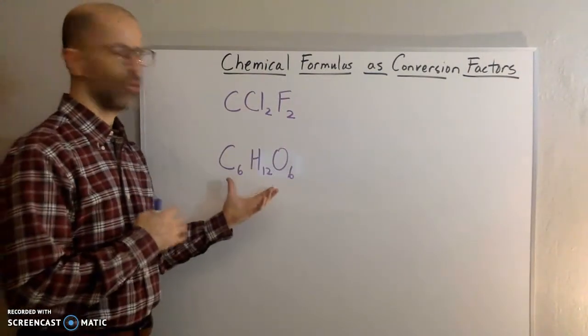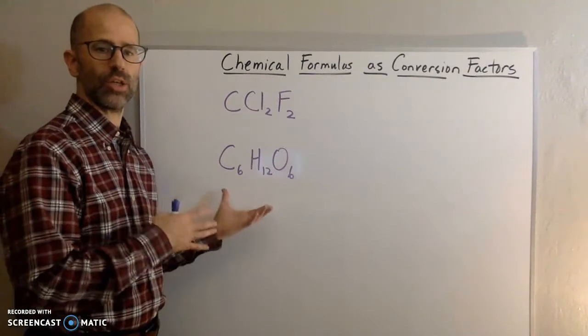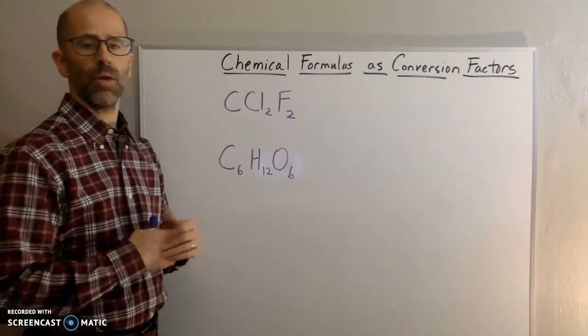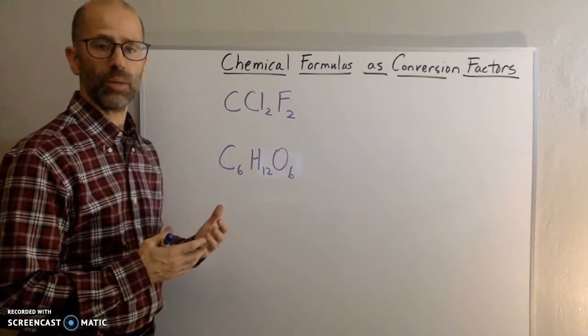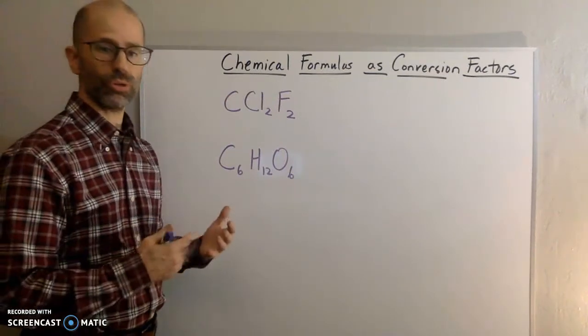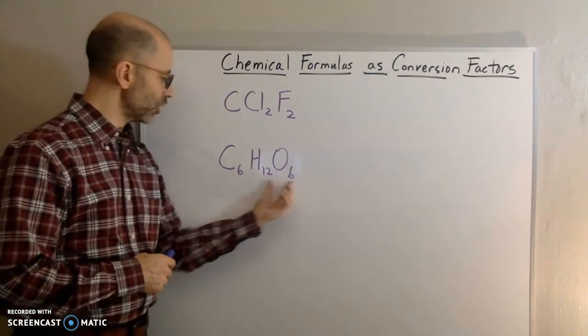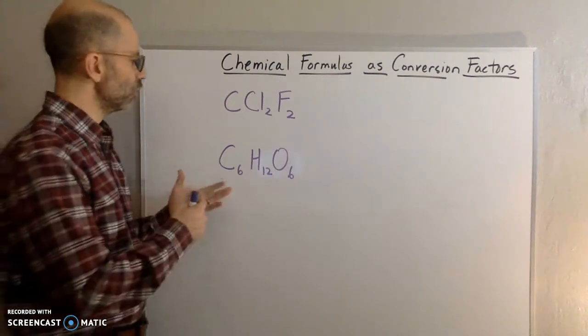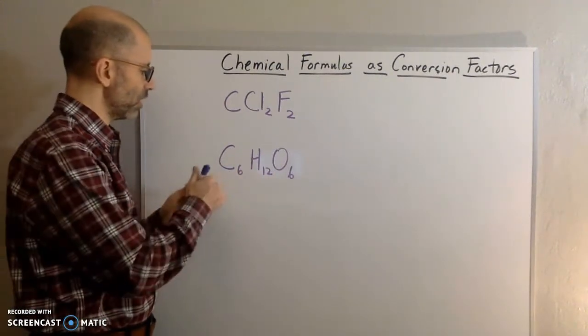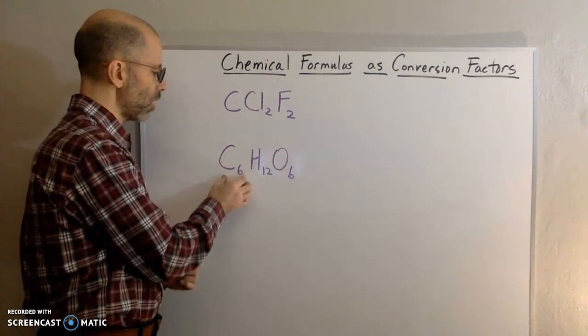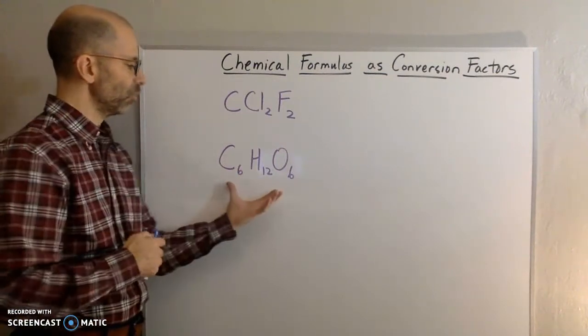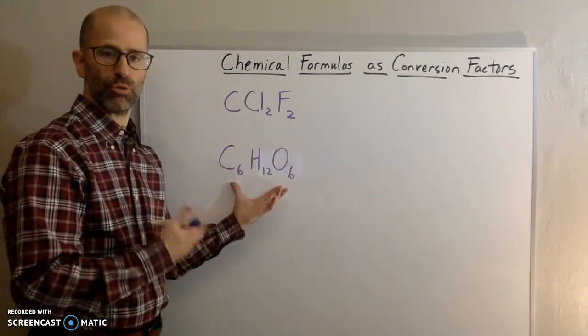So we can view the formulas as either single molecules, or we can also view them in terms of moles. And so we can look at the ratio here of a whole to the part, with regard to individual molecules, particles.